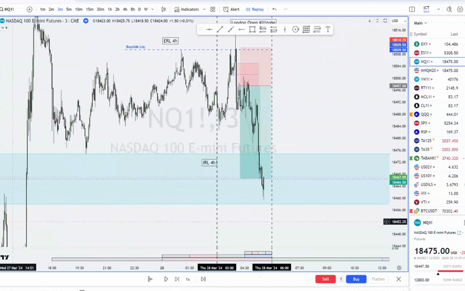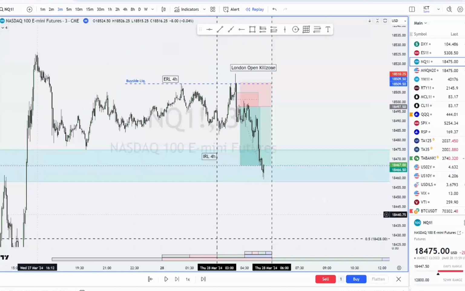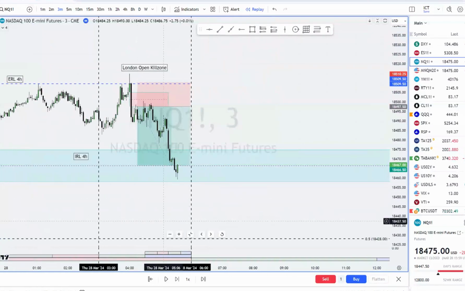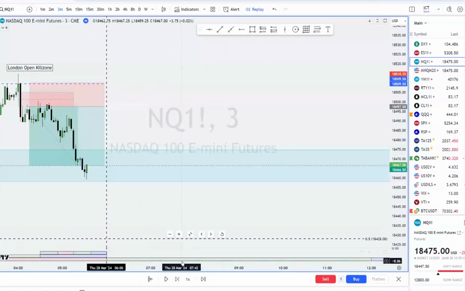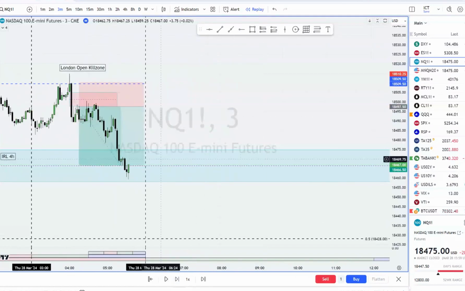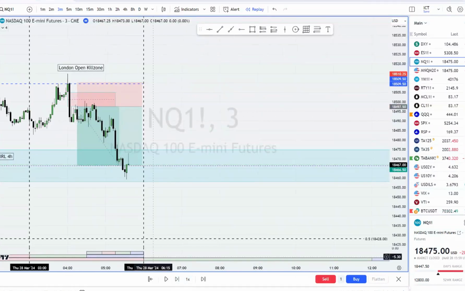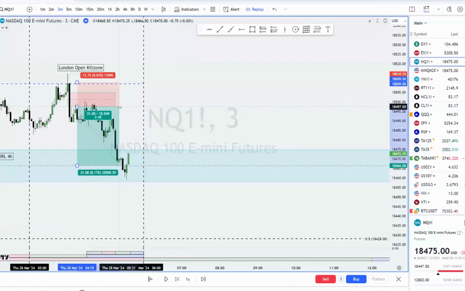But again, if you want to be with the bias, you could take the trade from the internal liquidity back to the external liquidity. And then you would expect on the 50% or complete rebalance of this 4-hour fair value gap to give you a sign of reversal. Here we have a big displacement candle. We have a little bit of a volume imbalance and a fair value gap down there.